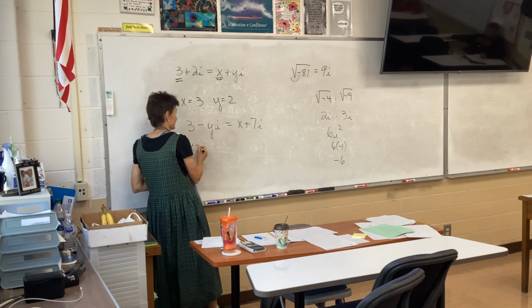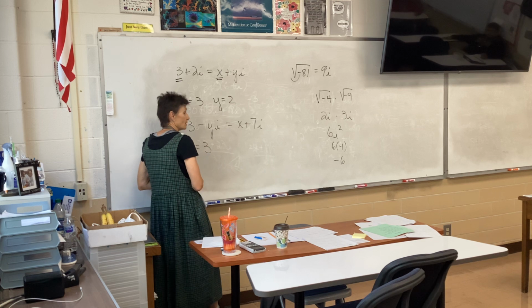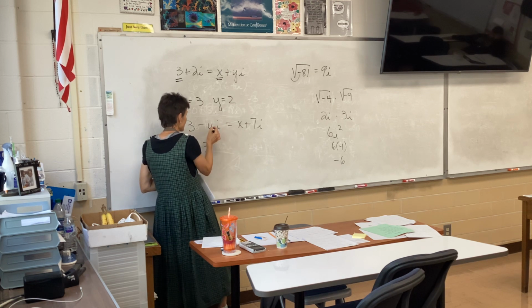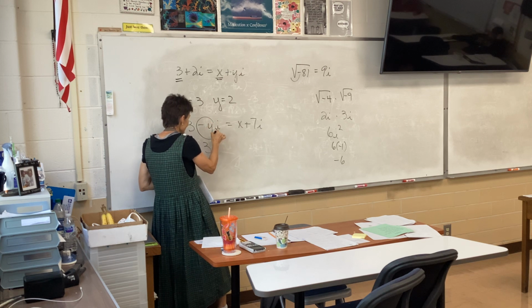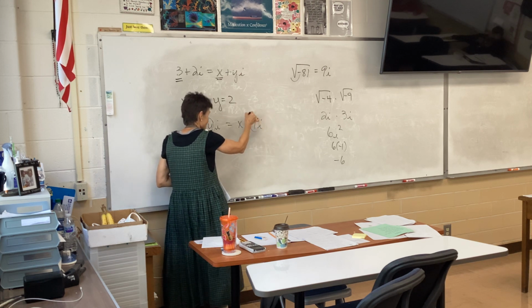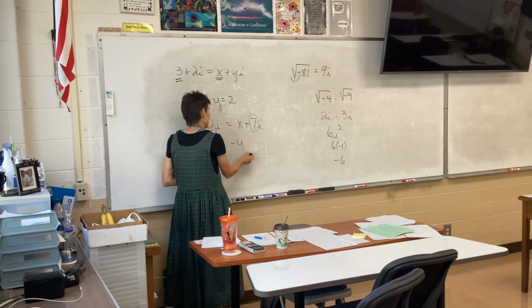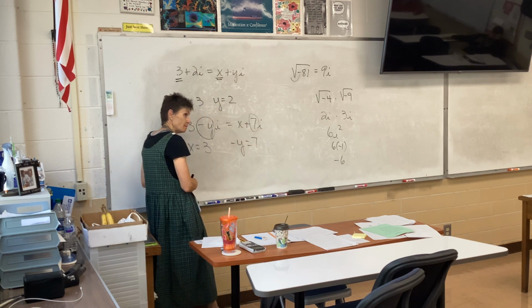What's x? 3. Now be careful with the y. Does it make sense to you that this and this have to match? So if negative y has to be 7, then what's y?